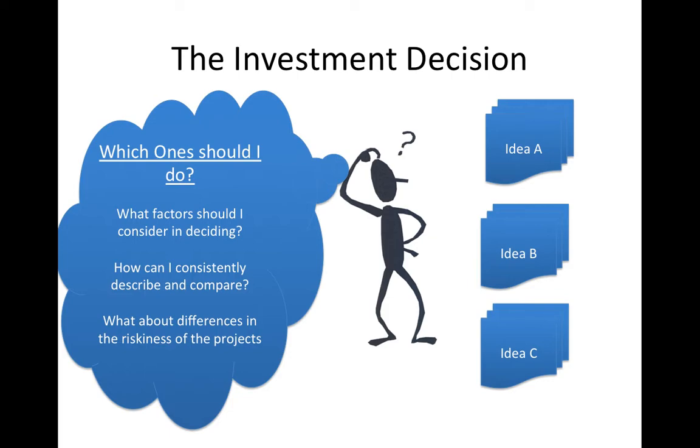How do I incorporate the fact that if I just looked at what I expect to happen, I've got two projects where I expect the same thing to happen, but the riskiness is different? There are obviously a number of other issues, but those tend to be the big ones. What should we pay attention to? How can I put them on an apples to apples basis? And how can I handle the fact that the risks might be different?